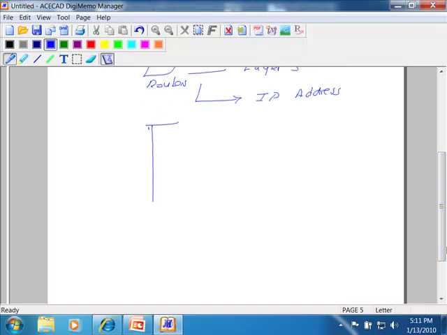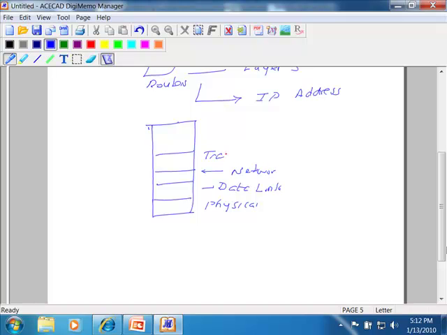Let's look at the bottom layers here, especially the bottom 3 layers. Layer 1 is what? Physical. This is data link. And the third one here is network. The one above that is transport.